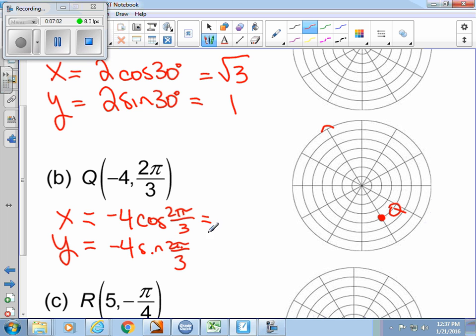Negative 1/2, so that makes this positive 2. Sine of 2 pi over 3 is in fact negative, and it's negative radical 3 over 2. Am I right? I'll check my work. So I get negative 2 radical 3. Does it make sense to get a positive x and a negative y to match that point Q? Makes perfect sense. It should. If it doesn't, you did something wrong.